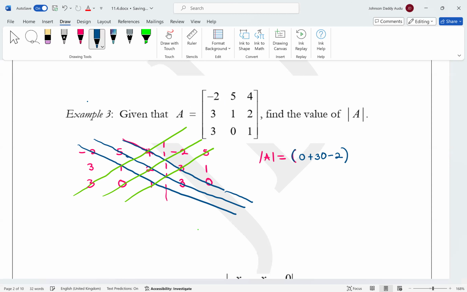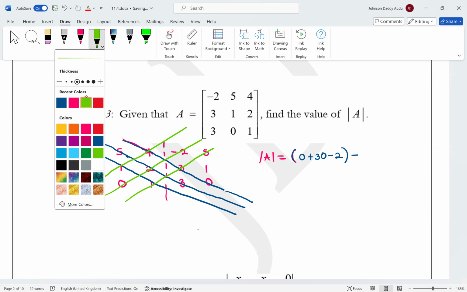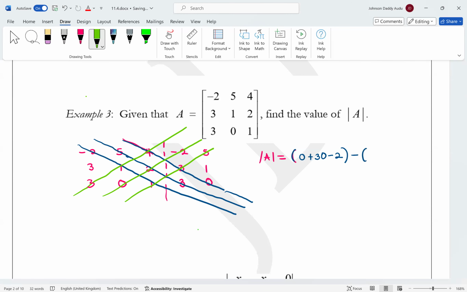Then we're done. Then now you subtract from the green ones. The green one, you can go 3 times 1 times 4. This is going to be 12 plus 0. I think plus 15.